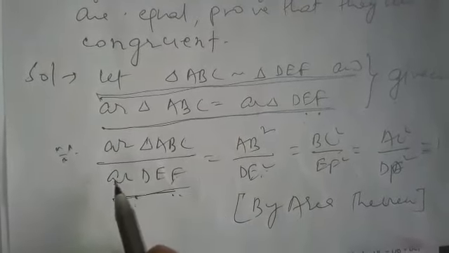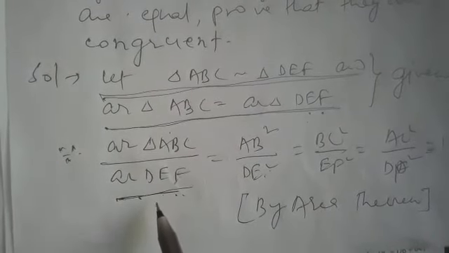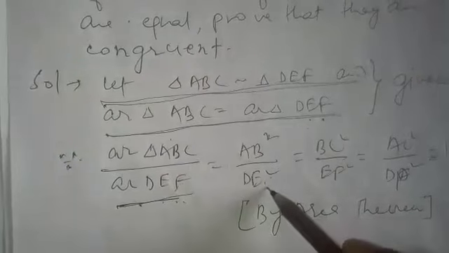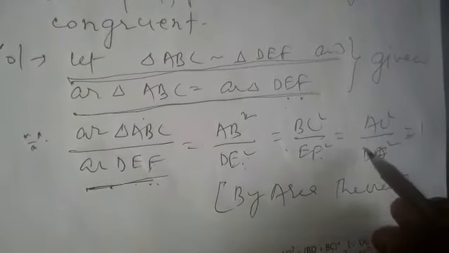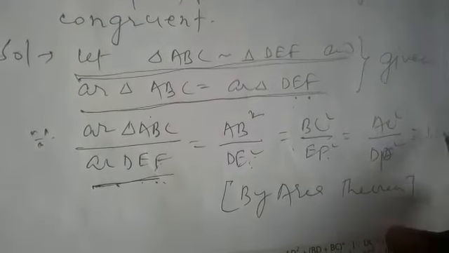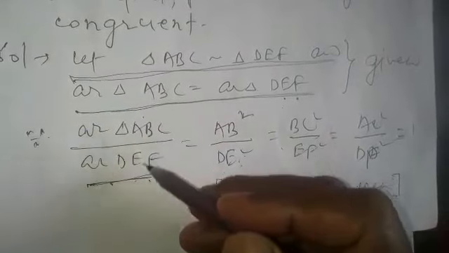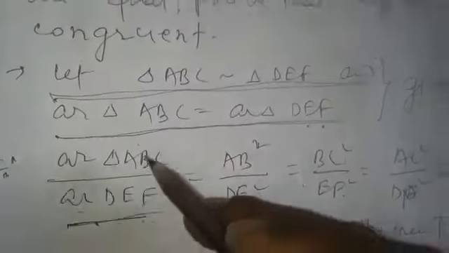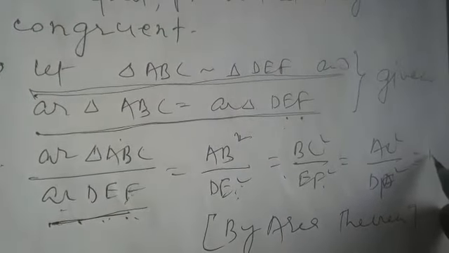So we can say that area of triangle ABC by area of triangle DEF is equal to AB square by DE square is equal to BC square by EF square is equal to AC square by DF square, and all are equal to 1, because area of triangle ABC and area of triangle DEF are equal, so we can cancel it out and it will be equal to 1.